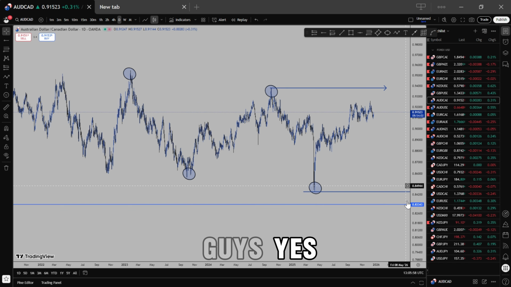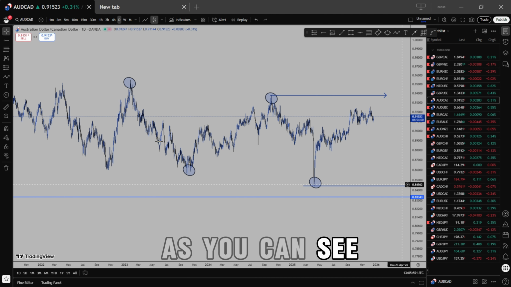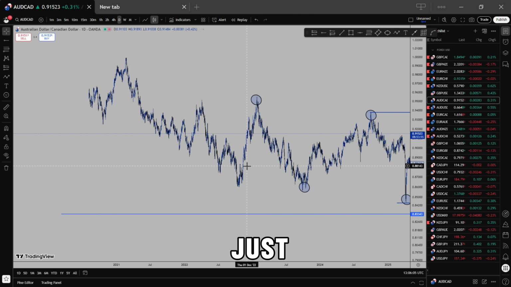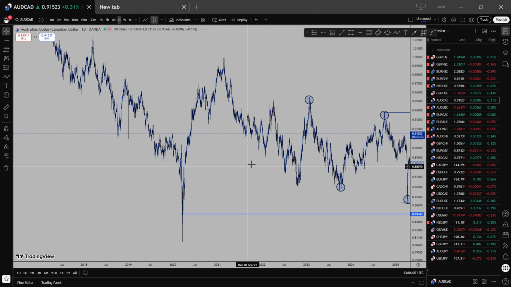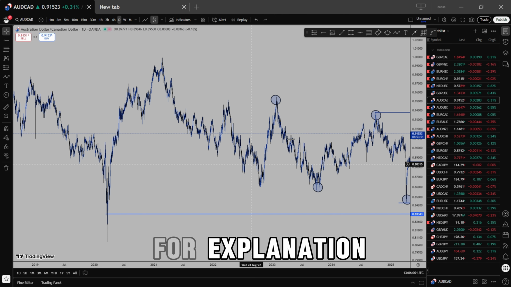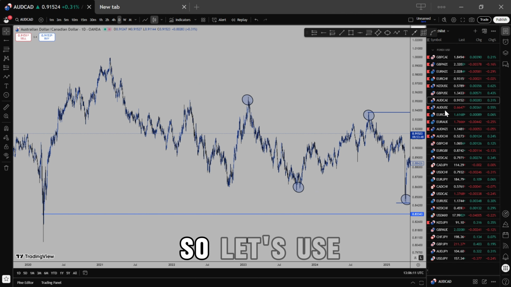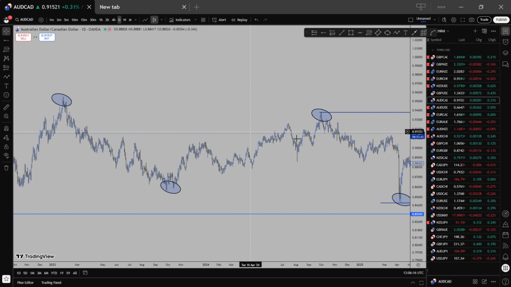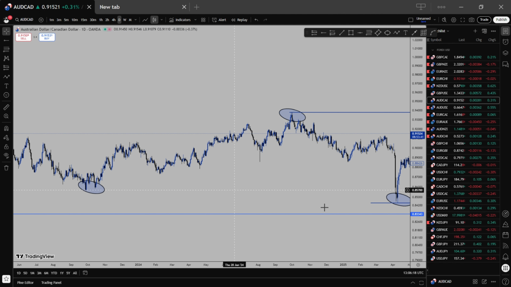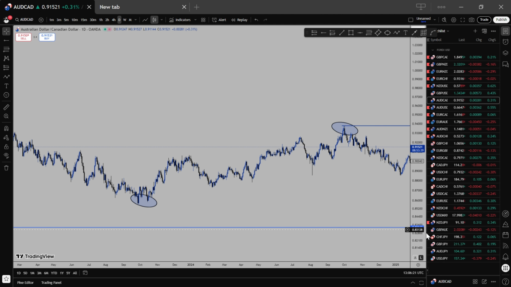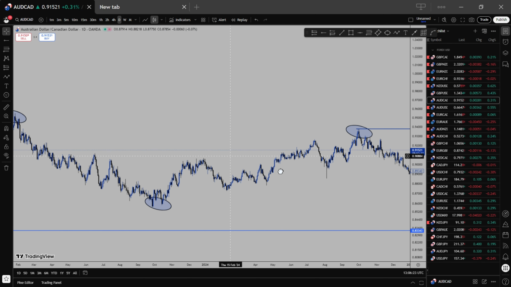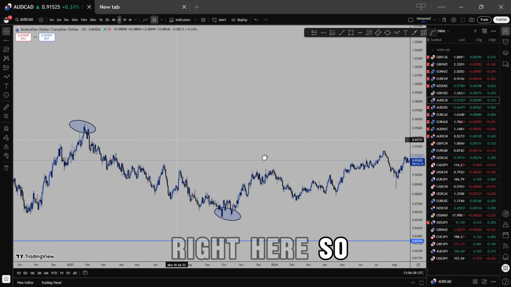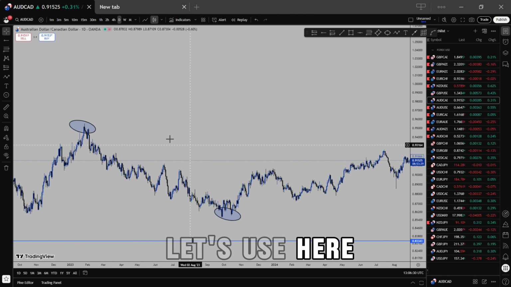As you can see, guys, yes, although this is the daily time frame, it's just for explanation purposes. So let's use the internal structure right here. So let's use here to here, guys.